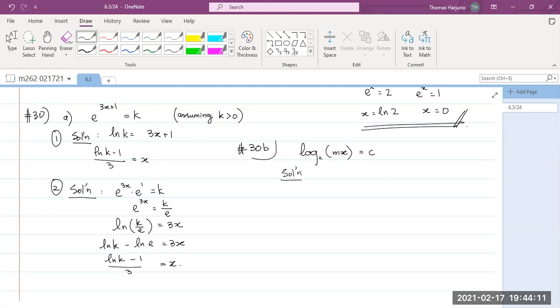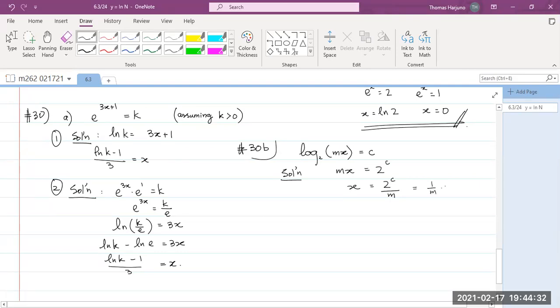Sometimes the trick is simply to change it into log form, or from log form change it to exponential form. So x equals 2 to the c over m, or your textbook may write it as 1 over m times 2 to the c. It is just that simple.